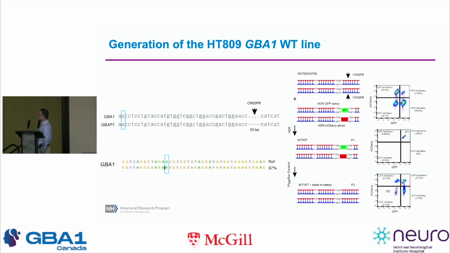After growing up this double positive population, we delivered the piggyBac transposase, then again used FACS sorting to enrich the double negative population. Sequencing this population, we successfully identified clones that have both alleles reverted back to wild type.